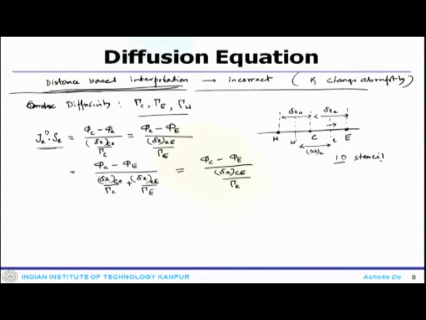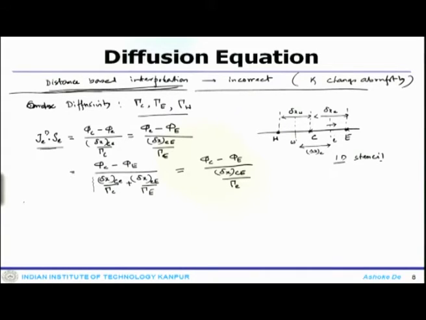This is also equivalent to writing (phi c minus phi E) by taking into consideration both the distances, or some sort of a distance mean, in this terminology: C e by gamma c, E e by gamma E. And the same terminology, if I use the flux value at the cell center, would be the distance C e by gamma e at the flux level.